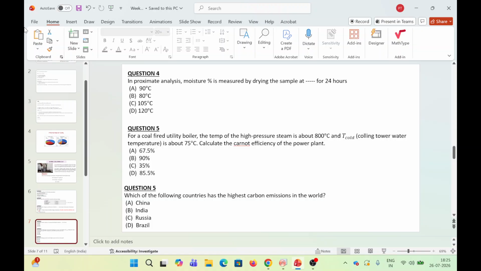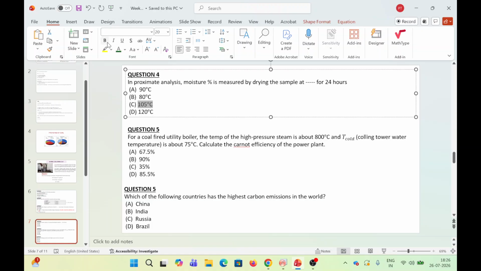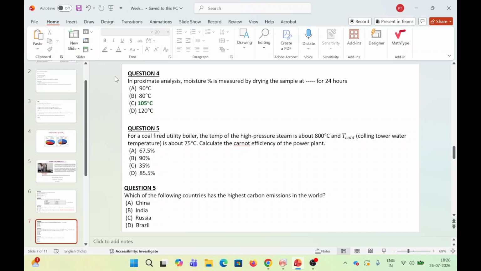Is it 90, 80, 105 or 120? 105. This is standard and we cannot change it.